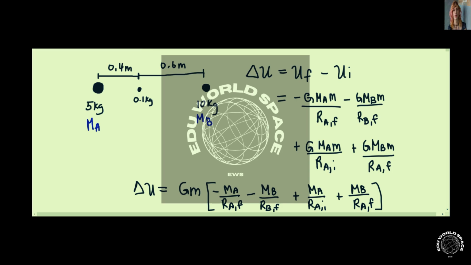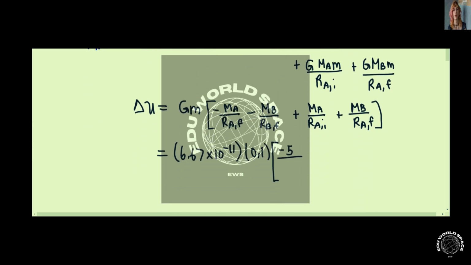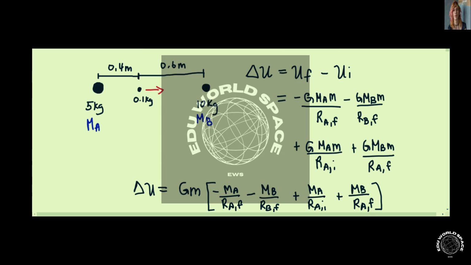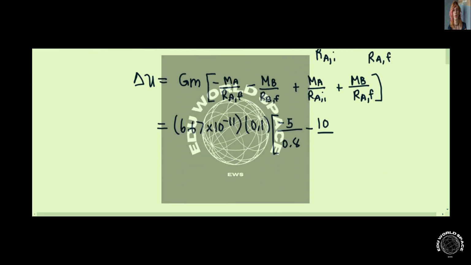The small mass moves to the right 0.4 meters, so the final separation will be 0.8 between those two. The separation between 10 and the small mass will decrease down to 0.2.